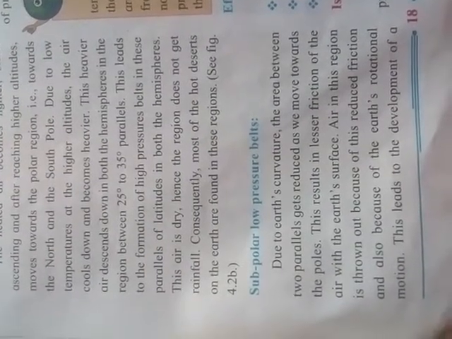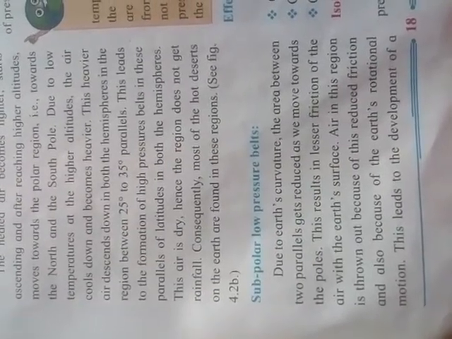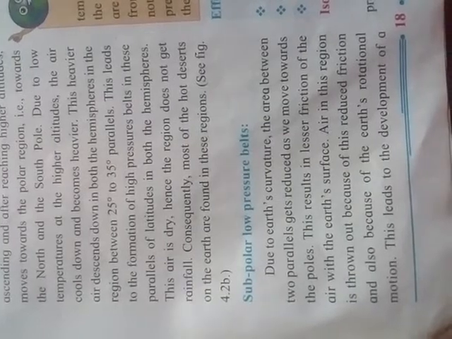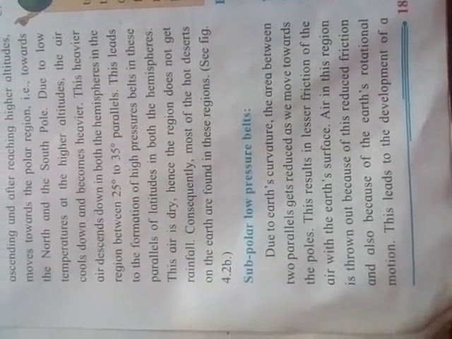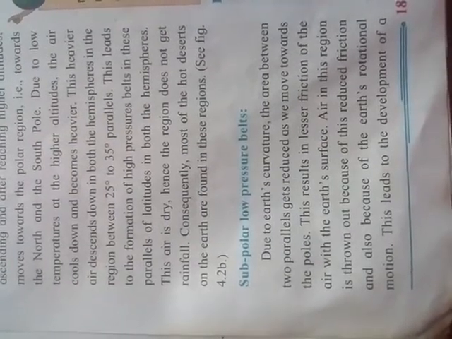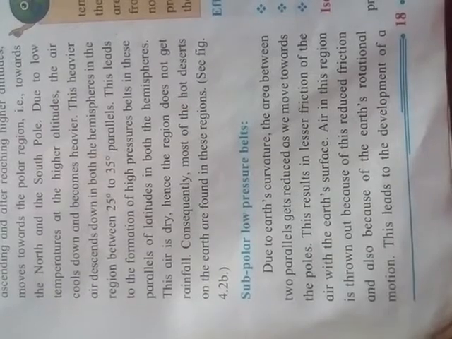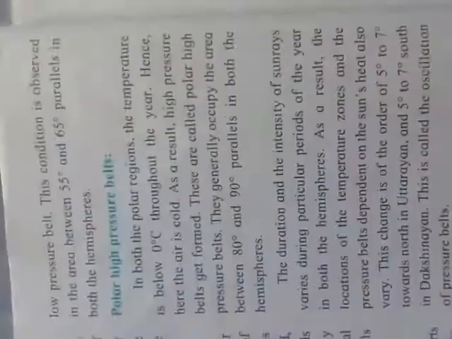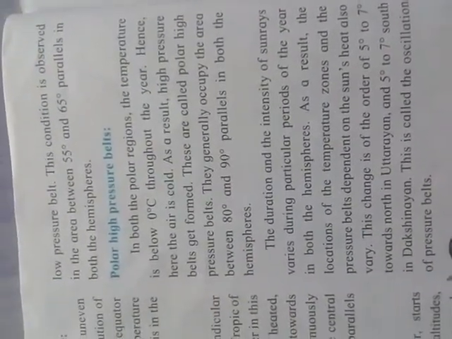Air in this region is fast-moving throughout because of the reduced friction. Also, because of the earth's rotational motion, this leads to the development of a low pressure belt in that area.